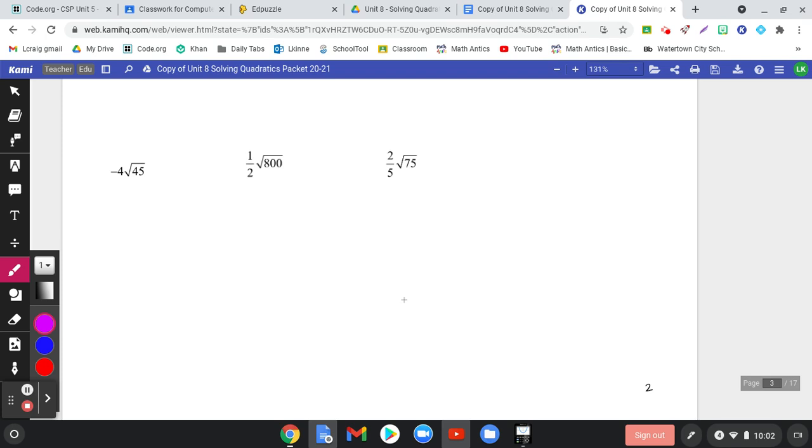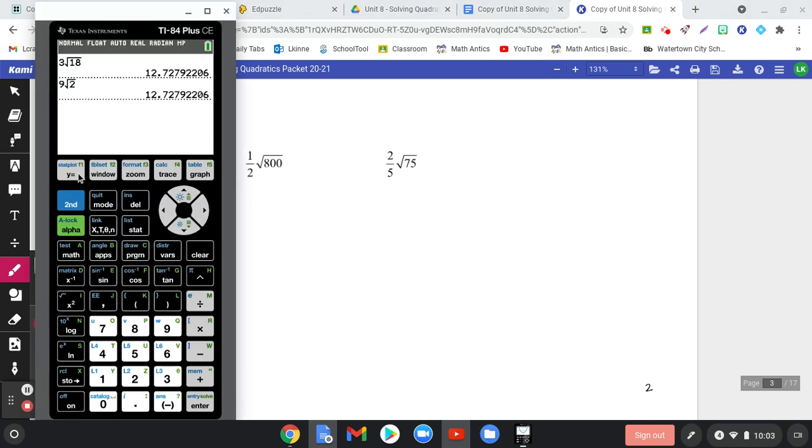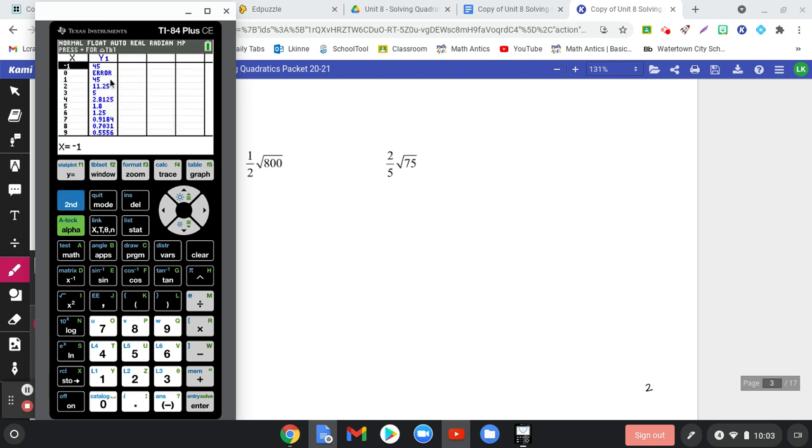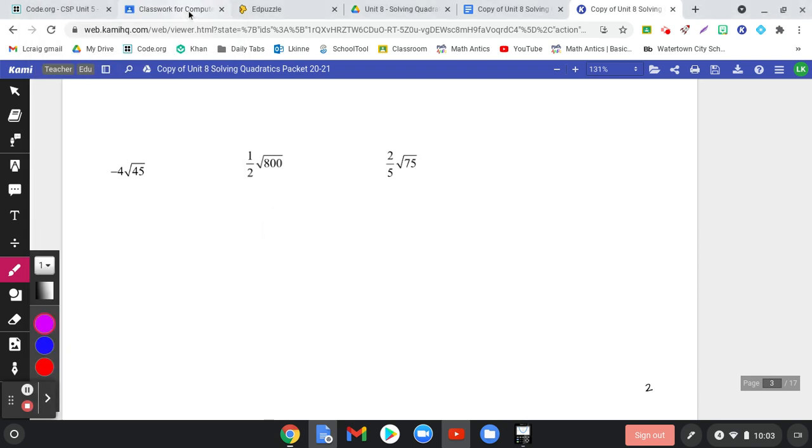All right, 3 more. 45. That's 9 times 5. But again, if you're not sure, it does not take long. Y equals 45 divided by x squared. You're just looking at the number under the radical, or the radicand, is that term. Go to the table. 3 radical 5 should be our answer, in the table it's 3, 5.